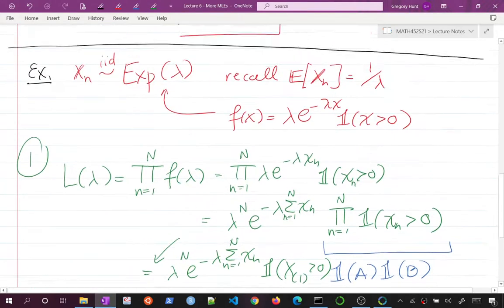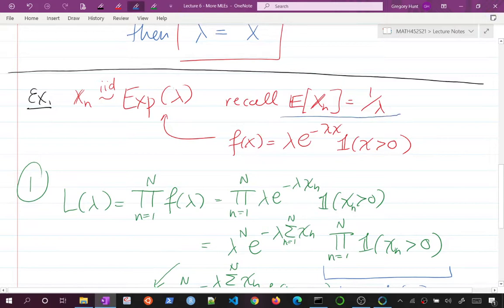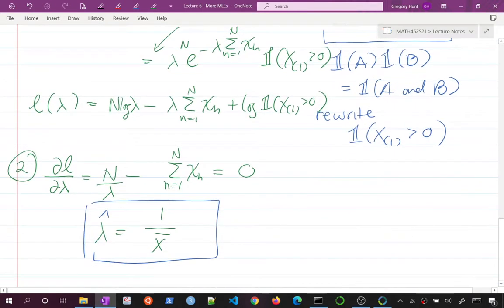If you recall, the expected value of any of these is 1 over lambda. So certainly the expected value of x bar is 1 over lambda, right? That goes back to the first lecture, where we said x bar doesn't change the expected value. So the expected value of the x's is 1 over lambda.